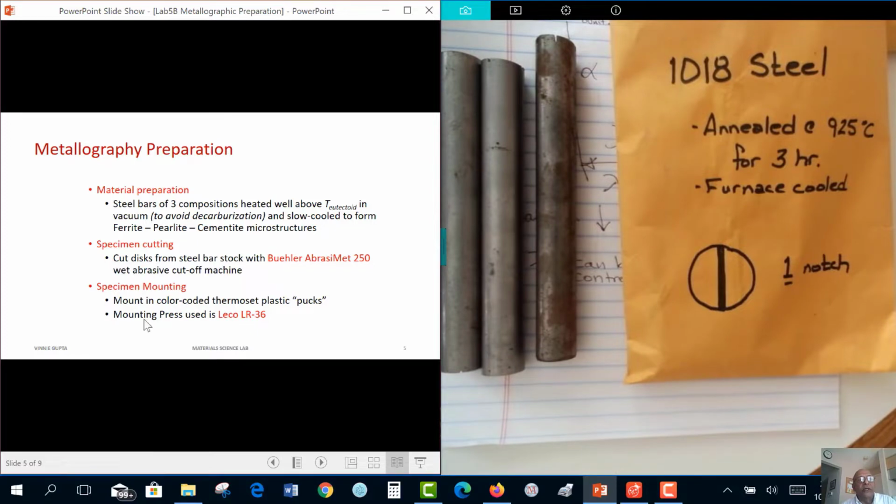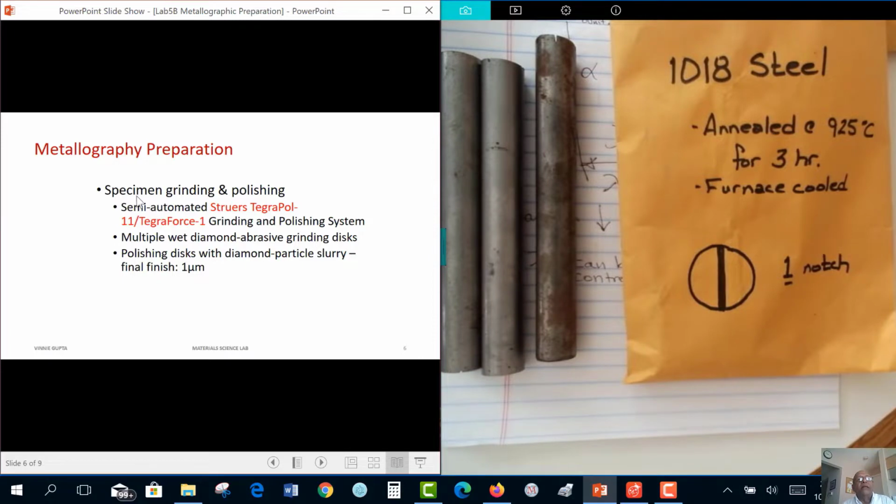Then we are going to mount it. So we use an abrasive cutoff wheel. We use this mounting press. And then for grinding and polishing, we are going to use a semi-automated system, and we are going to talk more about it in detail.